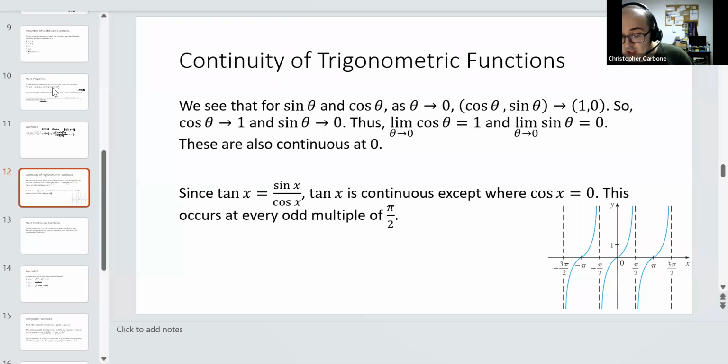When it comes to trigonometric functions, for the sine of theta and cosine of theta, as theta approaches 0, the point cosine of theta comma sine of theta approaches the point 1 comma 0. That is from the unit circle, from trigonometry.